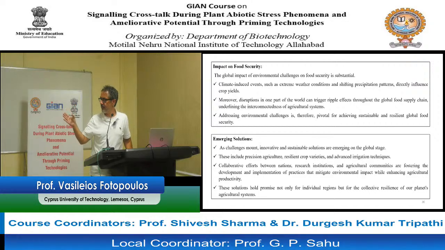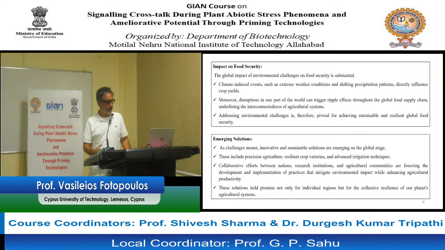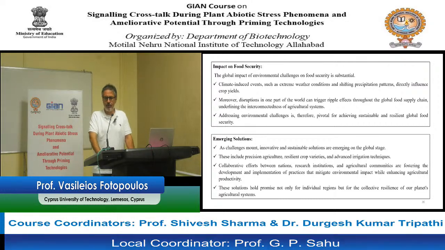So how do we do that? We always have to look for emerging solutions, and for that we need to develop innovative and sustainable solutions at the global scale. This could include many different things, such as precision agriculture or smart agriculture. I'll talk about this later on slightly.